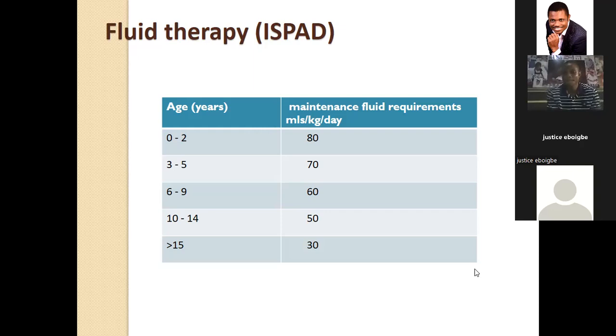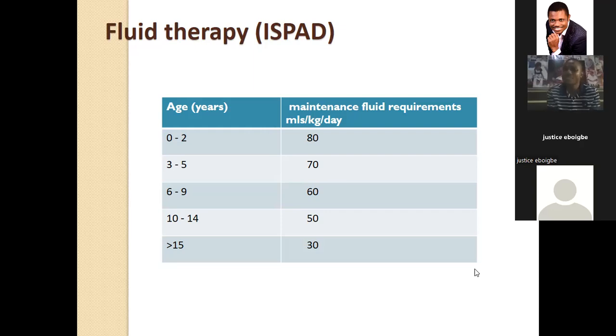Now, the next one is the deficit. The deficit is 75 mils per kg. Do you remember? Out of the 75 mils per kg, you have already used 10 mils per kg to give your anti-shock, isn't it? So, how much are you left with? 65. You are left with 65. So, the remaining deficit is 65 mils per kg.